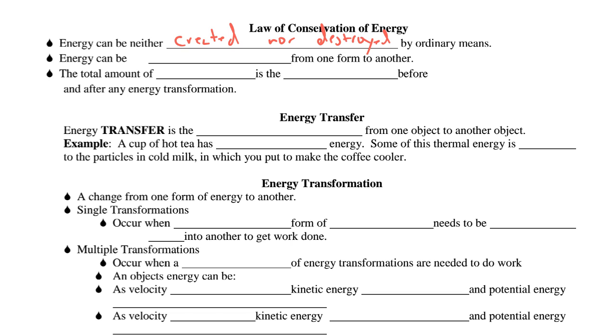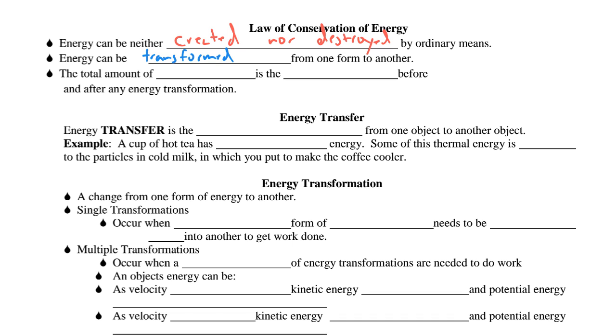We have to throw the word ordinary in because technically through processes like fission and fusion, you can convert energy to mass and vice versa. But outside of those extreme circumstances, like the center of a star, energy is never lost, it's only ever converted. So that answers our next thing. Energy can be converted, or another word is transformed, from one form to another.